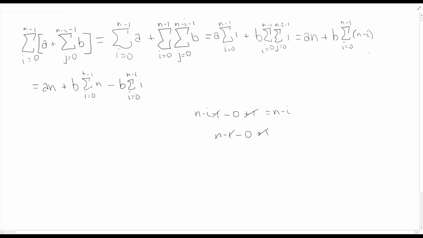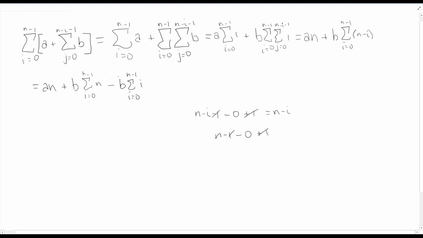Okay, so distributing the b and the sum over our two terms, we're going to have b with the sum from i equals 0 to n minus 1 of n. That's our first term. And for this sum here, I've taken the minus here and I factored it out front.